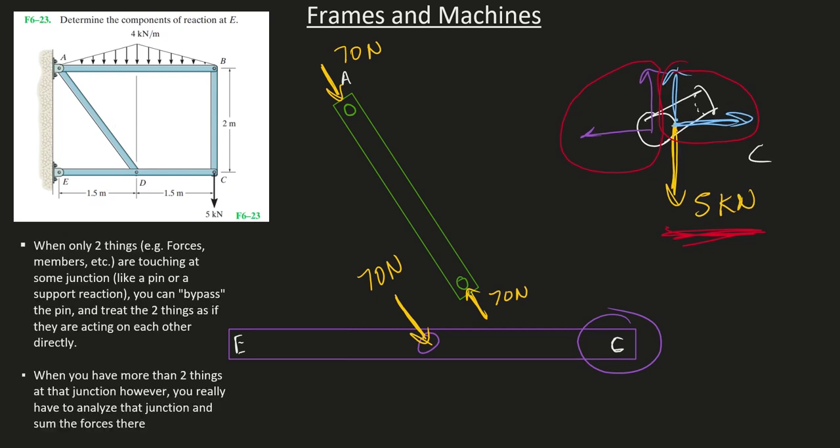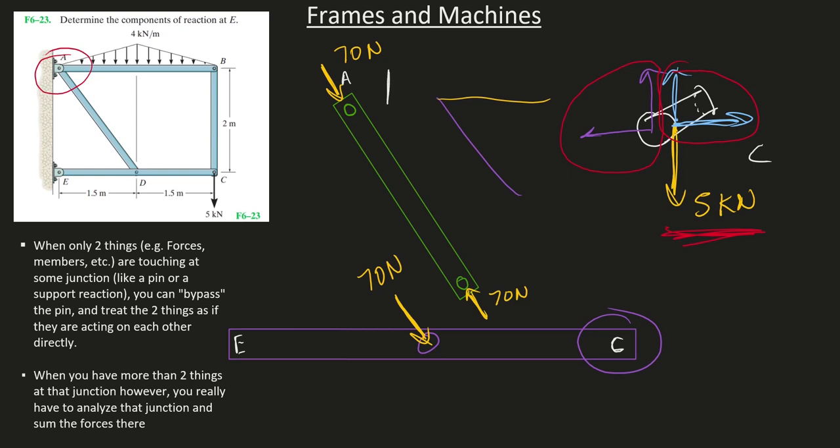So another one of these more than two things scenarios is going to be here at pin A. And you may be wondering, wait a second, we just have a pin and we have two members. Well, really, isn't that this situation? Well, this pin at A isn't just a passive pin that's sitting there to transmit force.